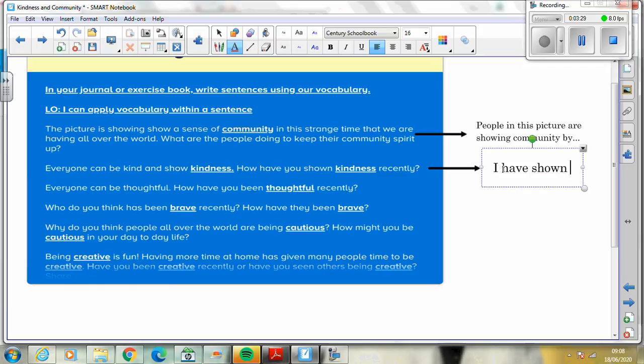I have shown kindness by, and so on. So underneath your learning objective, you'll have your date and a series of sentences. Each sentence will use and apply our vocabulary for this week.